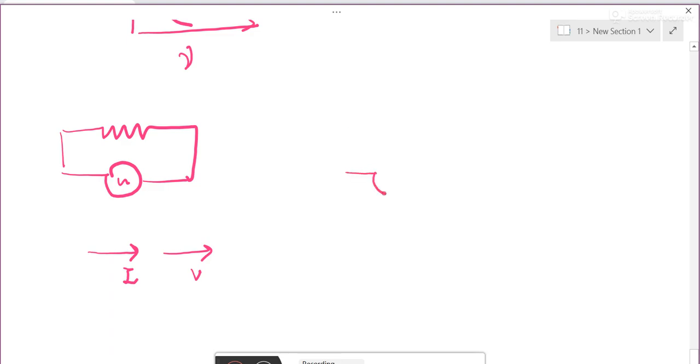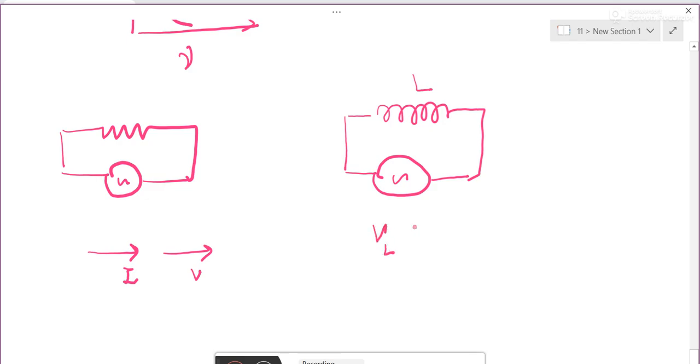Okay? In an AC circuit containing inductor only, voltage leads the current by 90 degree, or you can say current lags. Current is here, voltage is leading.